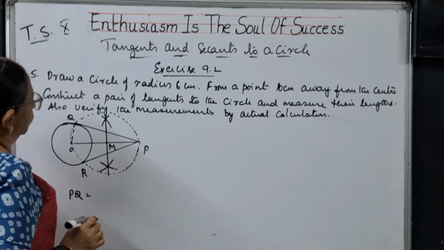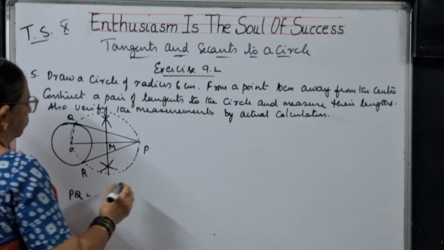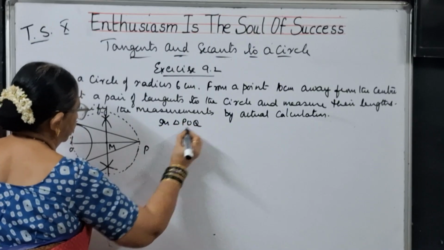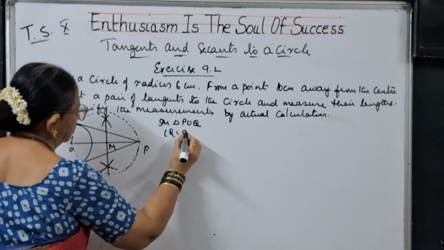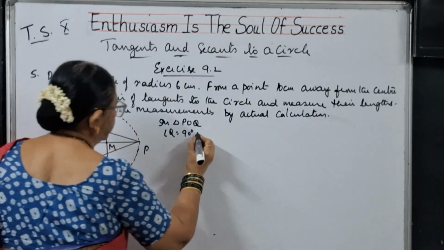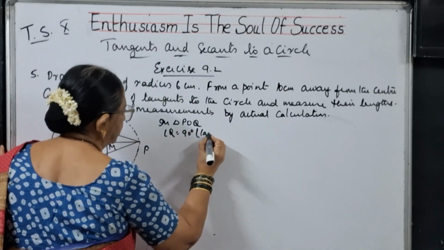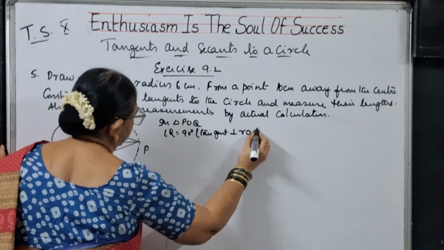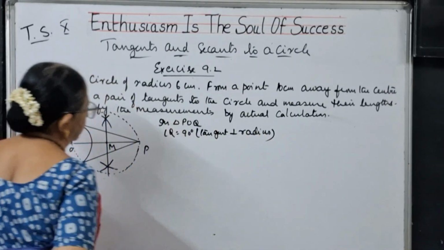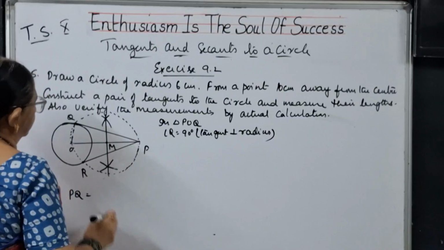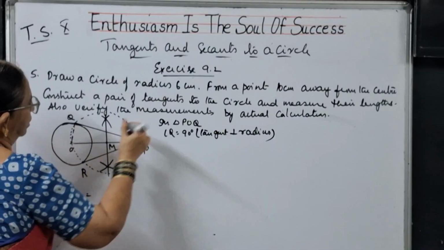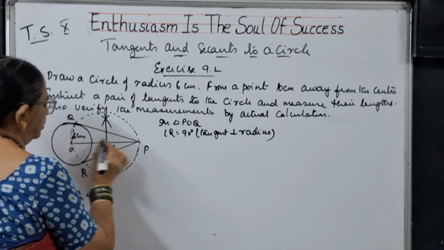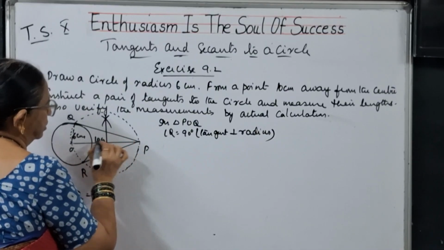If you join O and Q, we know that in triangle POQ, angle Q is 90 degrees because tangent is perpendicular to radius. See, this is radius. Radius is how much? 6 centimeters. And this distance is 10 centimeters.